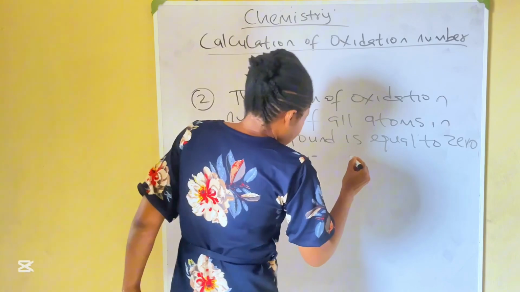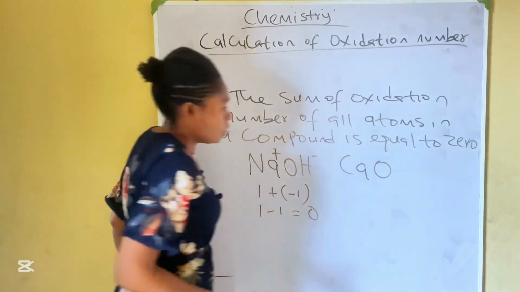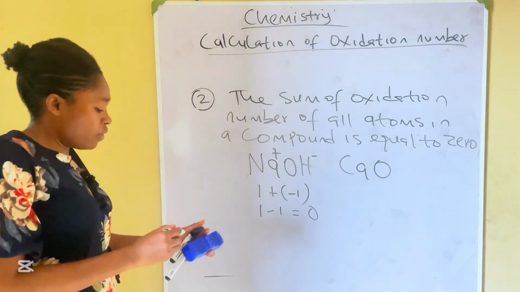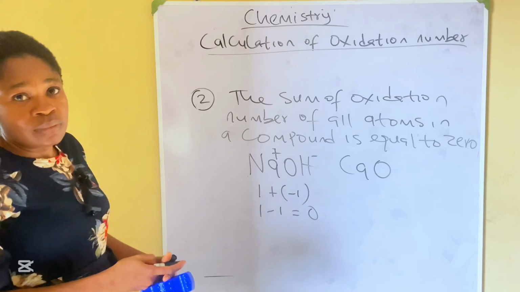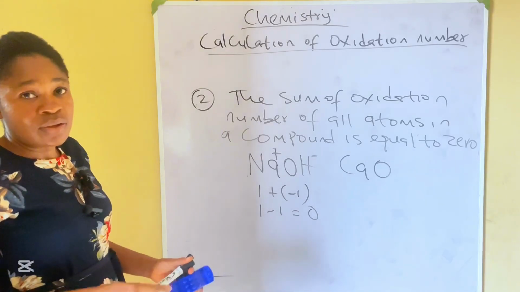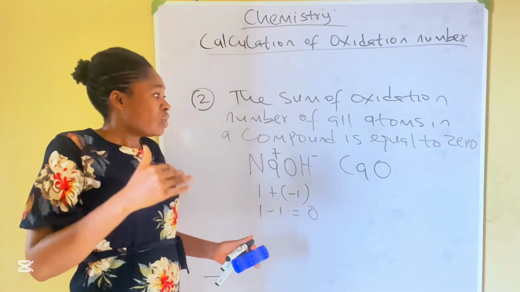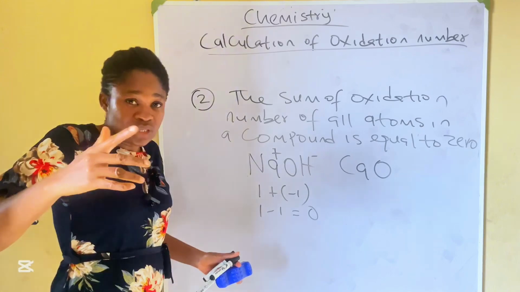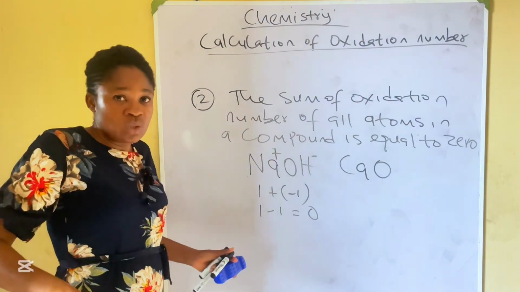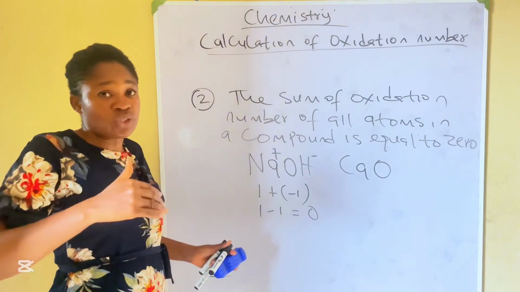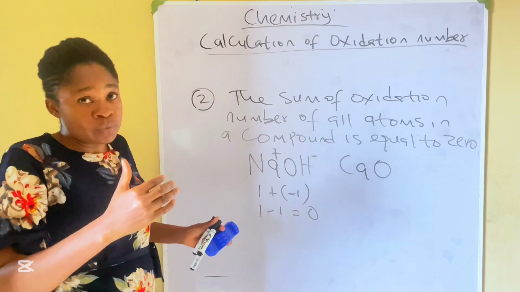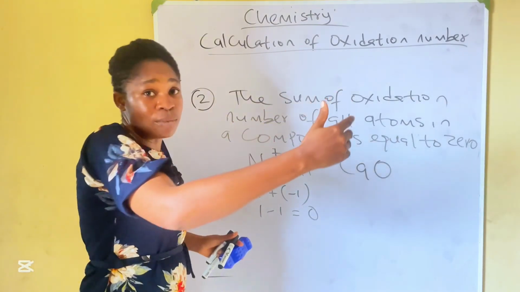Look at this one, calcium oxide. What is the oxidation number of calcium? You know calcium has 2 valence electrons in its atomic shell. So the oxidation number of calcium is +2, because it's going to lose those electrons during chemical bonding.